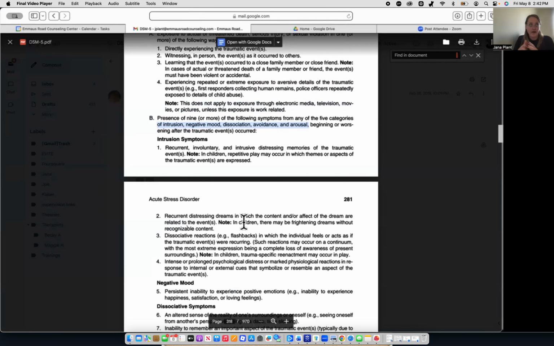Intrusion, how a client is going to present that is, I just can't stop thinking about it, it just pops into my memory. That's intrusive thoughts. And so it's learning the definition of these symptoms and being able to define them as the clients present them to us. So when you read your case studies, you're not going to see dissociation or avoidance.